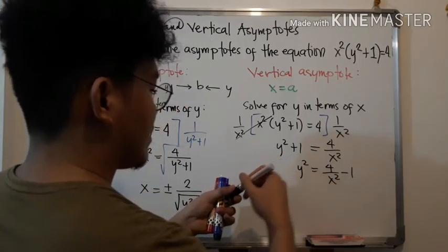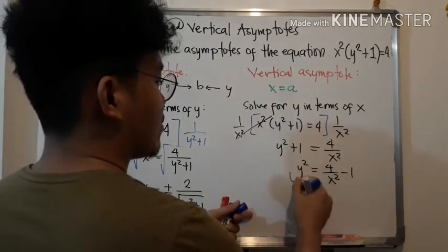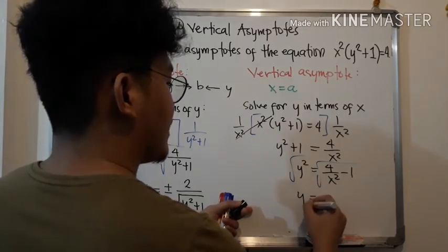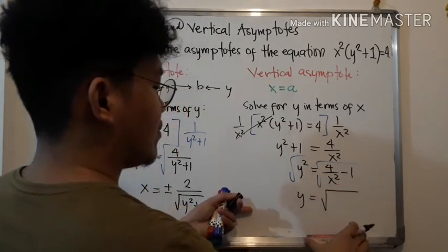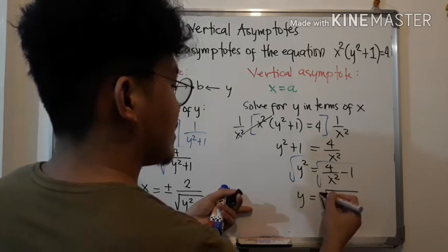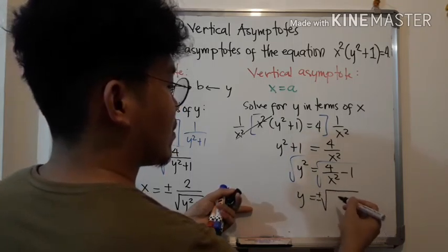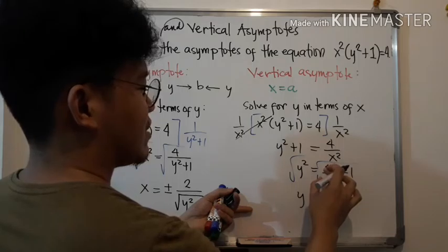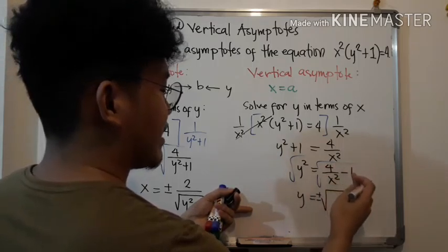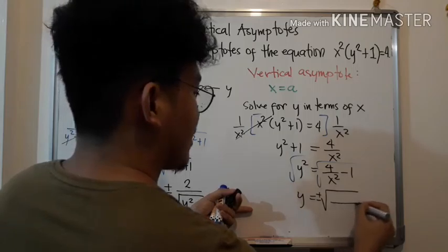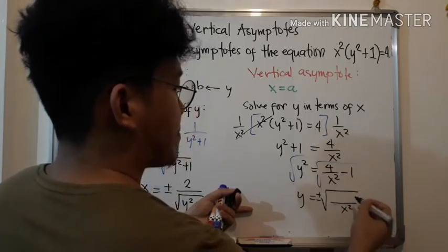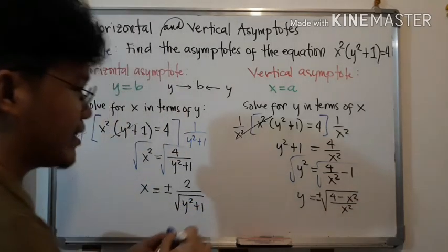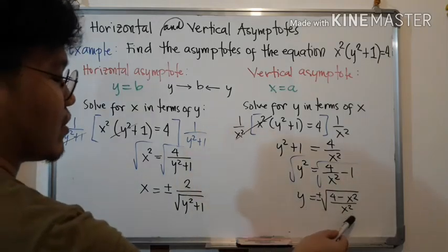Then we take the square root of both sides of the equation. We get y is equal to plus or minus the square root of, after we simplify the terms in the radicand, the numerator 4 minus x squared over x squared. And so we have the equation for y in terms of x.